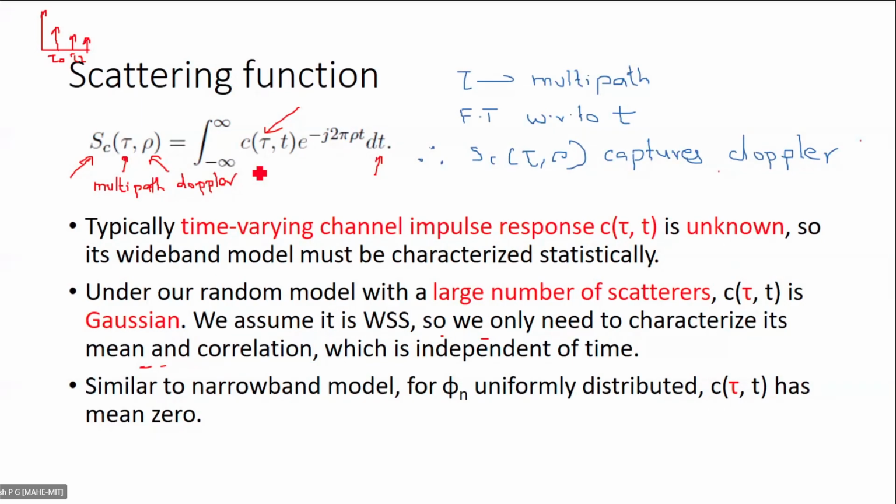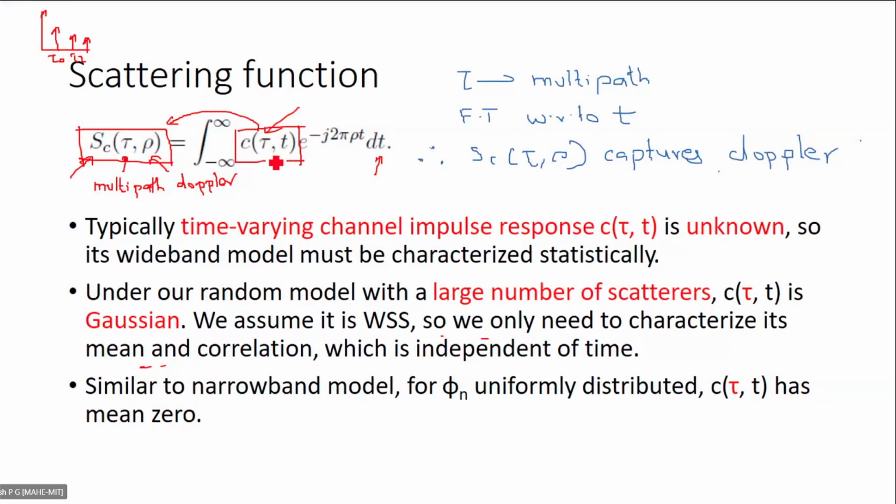No, I'm not sure about answering that statement, whether that is right or wrong, but it is not about delay. That is the point. See, we are converting C of tau comma t, and the corresponding Fourier transform pair is SC of tau comma rho, which means you are doing the Fourier transform with respect to t.